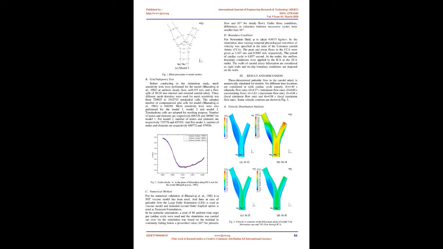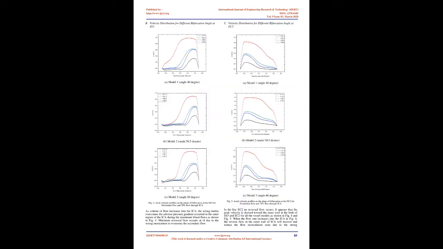B. Grid independency test. Before conducting the simulation study, mesh sensitivity tests were performed for the model Bharadvahi 1982, at uniform steady flow, U equals 0.333 m/s, and a flow split of 80:20 into the internal and external carotid artery. 3 different mesh densities were used for the mesh sensitivity test, from 729,035 to 1,042,713 tetrahedral cells.